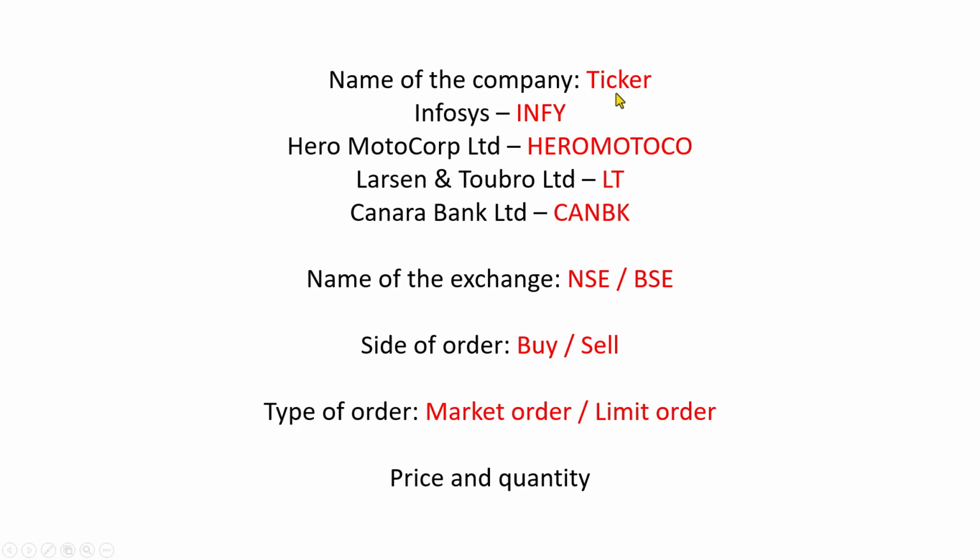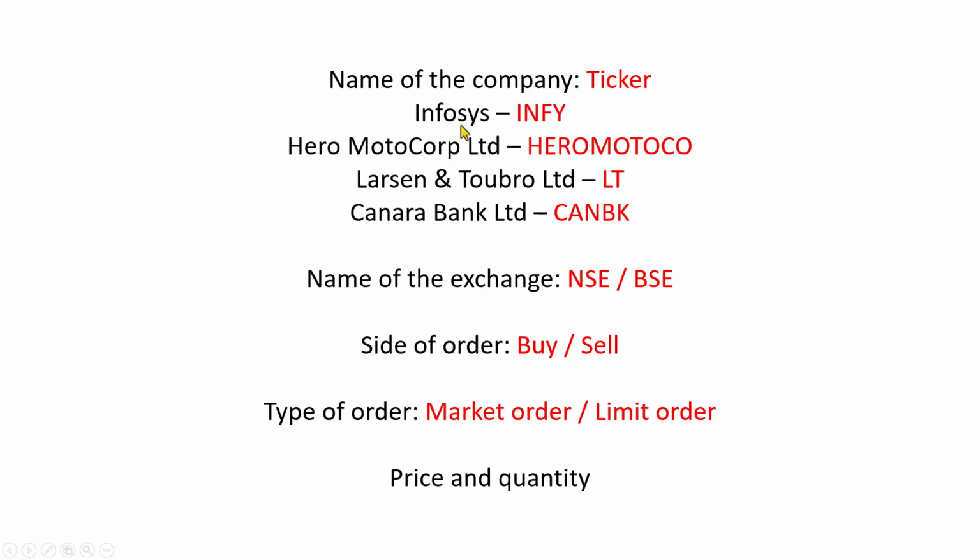A ticker is nothing but an abbreviation of the company. So, if you want to buy stocks or shares of Infosys, then on the brokerage website or the software, you need to type INFY because INFY is the ticker for Infosys.